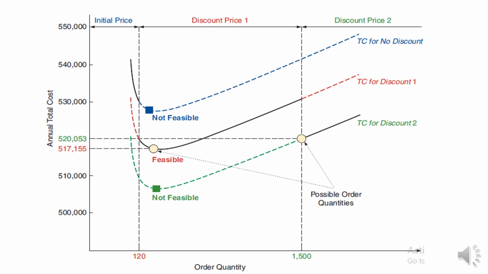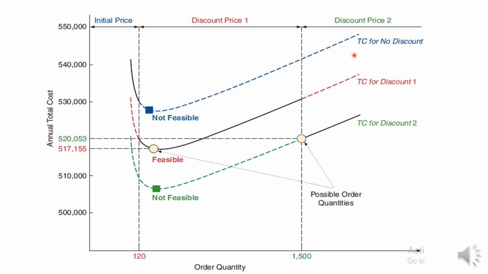Yes, dear folks, you see in this graph what we have. This is the order quantity on the x-axis, and on the y-axis we have the cost, the total cost, that includes the holding cost, the ordering cost, and the product cost.